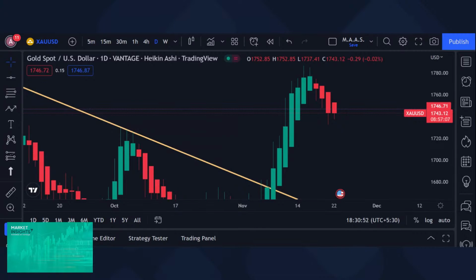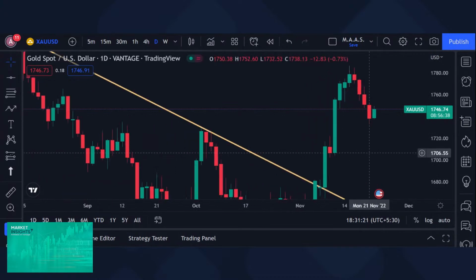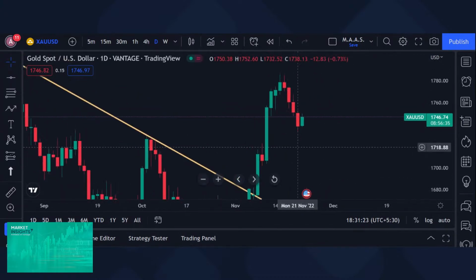So Heikinashi here is a wonderful charting method. It is a wonderful thing to understand itself or to look at itself, right? This is so beautiful to just look at. Another important part, once you go Heikinashi, you should never rely on Heikinashi completely. You should always use candlesticks. Don't ever think that I have become an advanced trader.